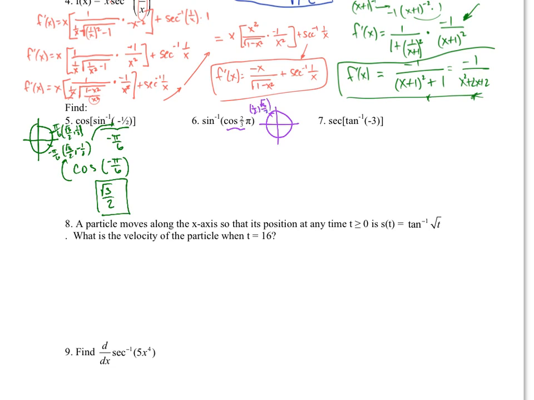Sorry, that's a negative 1/2. So the cosine of 2 pi over 3 is negative 1/2. So now we have the inverse sine of negative 1/2. And we already know that from the first problem. So this will give us negative pi over 6.